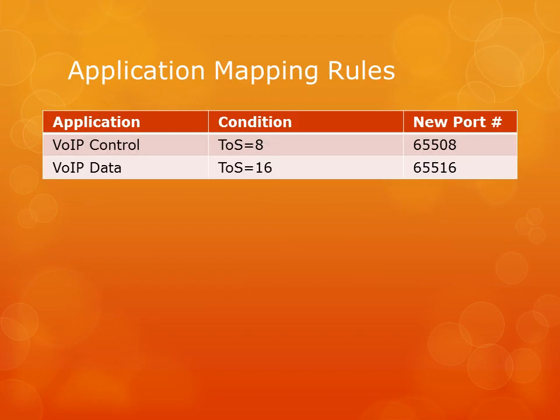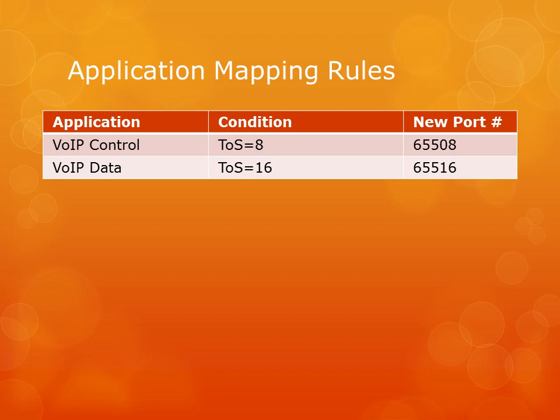Let's say, for example, that my VoIP control traffic uses TOS 8 and VoIP data uses TOS 16. This information should match the QoS configuration in Cisco Unified Communications as well as the routers on my network. The first rule would say if TOS value equals 8, that's VoIP control data. Classify it as 65508. I usually use 65508 because TOS 8, 65508.